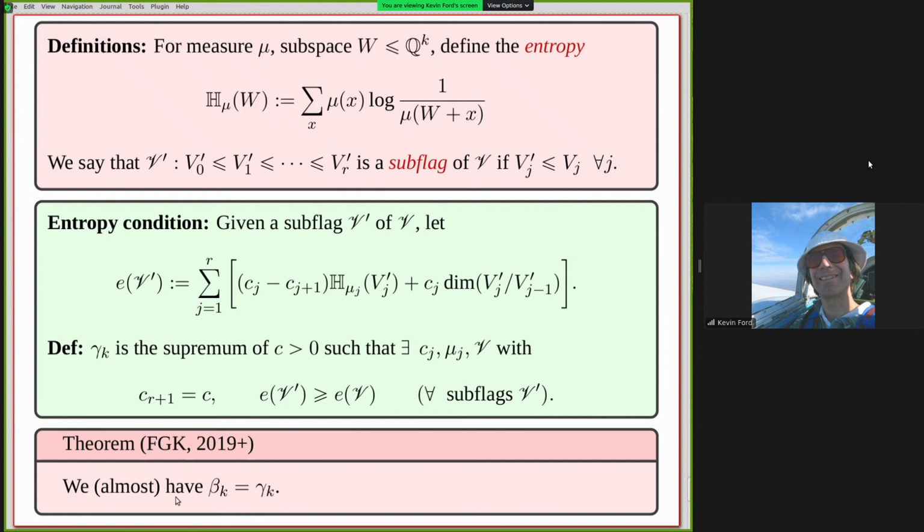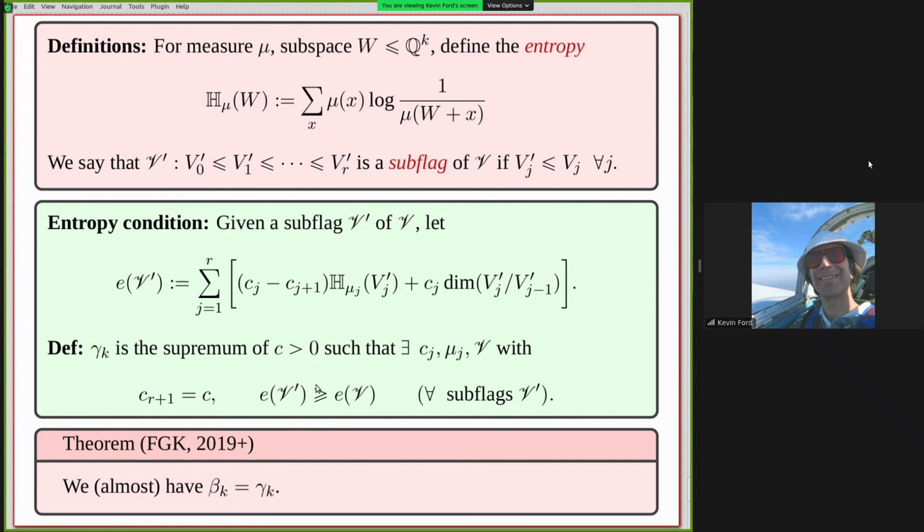Then, I'm skipping over some technical things here. We almost have that beta k is equal to gamma k. That's one of the main results of the paper. Our upper bound was fine. We have beta k less than or equal to gamma k. That's good. But for the lower bound, we need something called gamma k tilde, which requires strict inequality for all proper subflags.